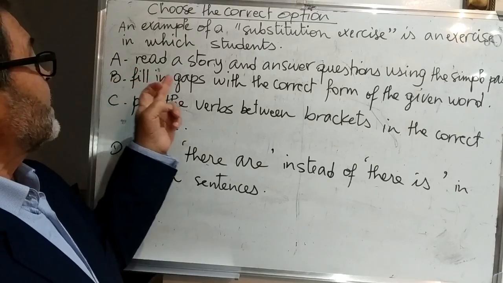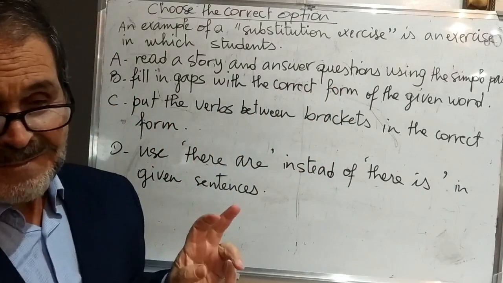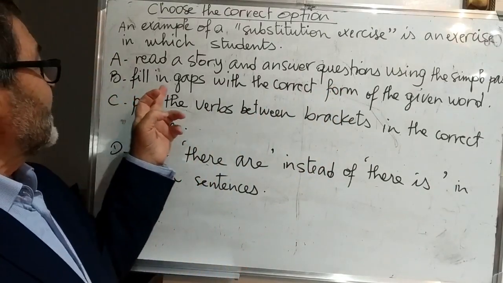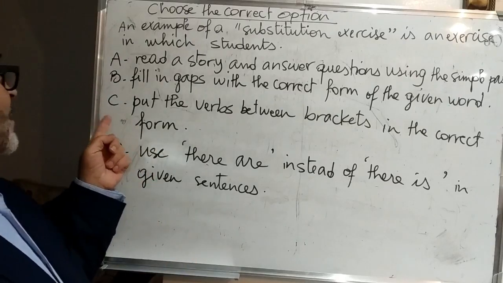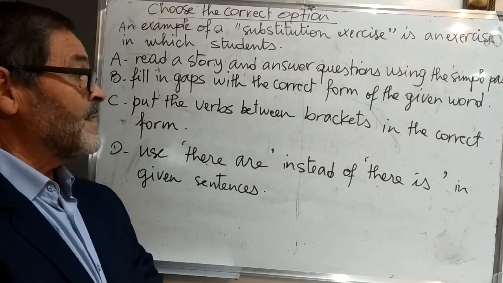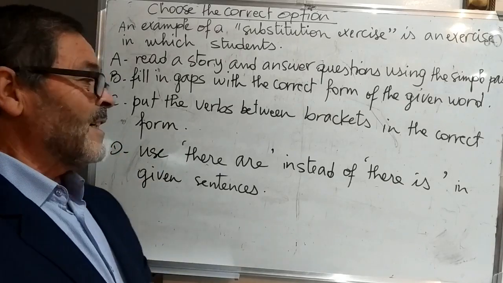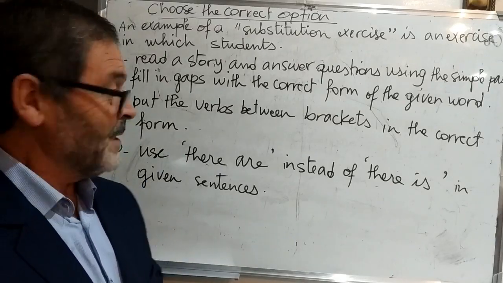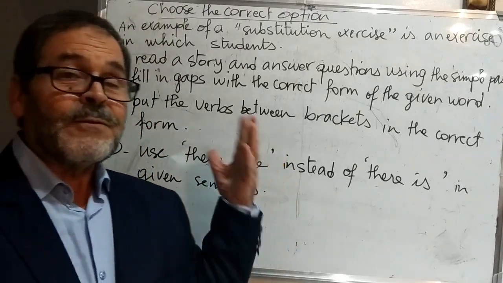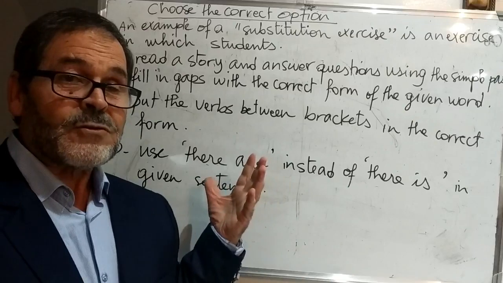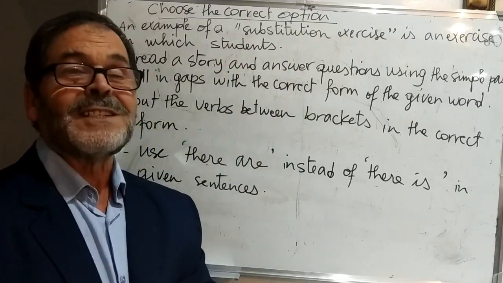A, read a story and answer questions using the simple past. B, fill in gaps with the correct form of the given word. C, put the verbs between brackets in the correct form. D, use there are instead of there is in given sentences. So here, before choosing the correct answer, we should understand what a substitution exercise is.